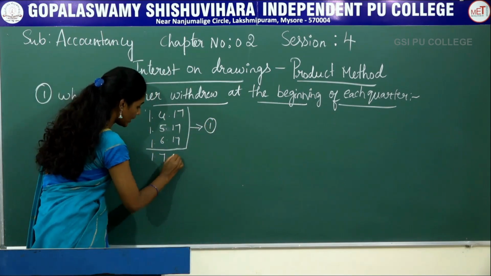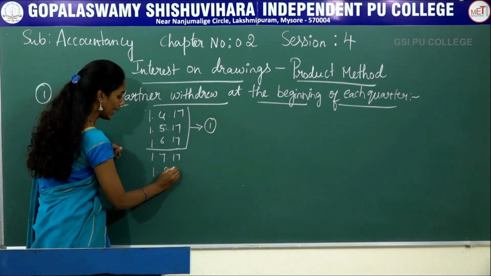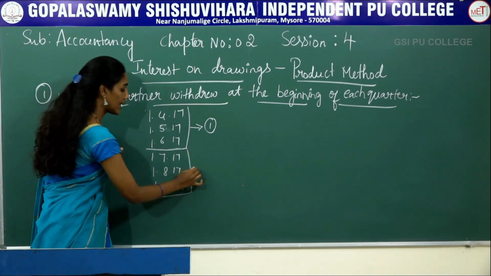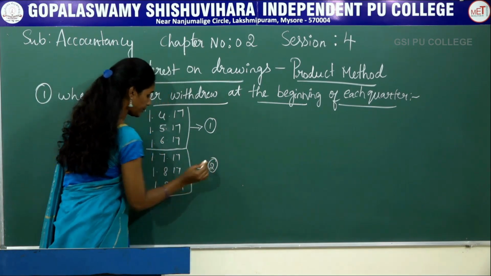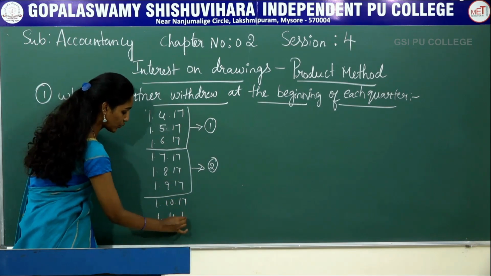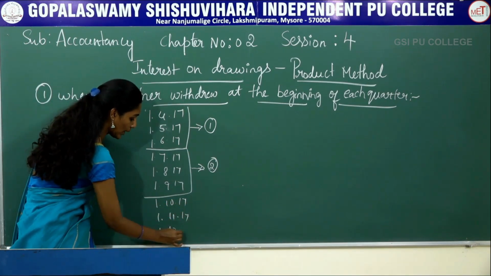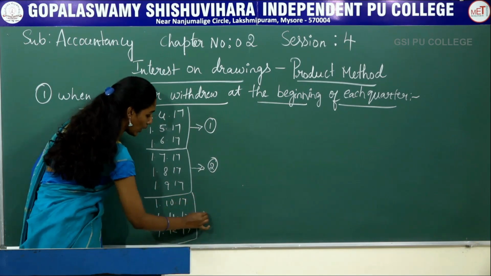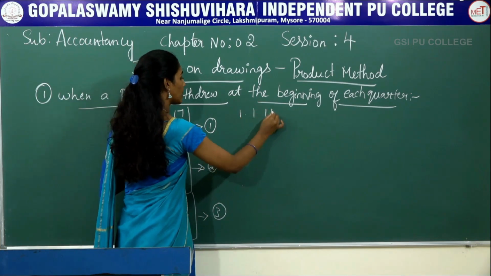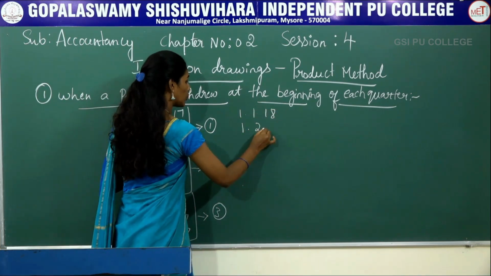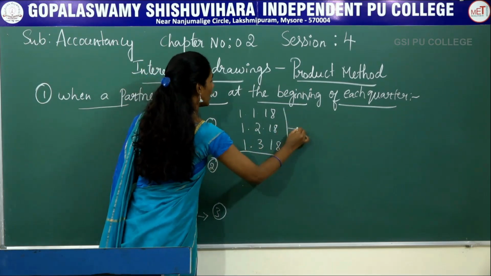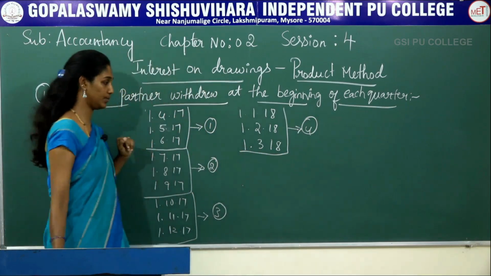Next, 1/7/2017, 1/8/2017, 1/9/2017 is the second quarter. 1/10/2017, 1/11/2017, 1/12/2017 is the third quarter. Next, 1/1/2018, 1/2/2018, 1/3/2018. This is the fourth quarter.